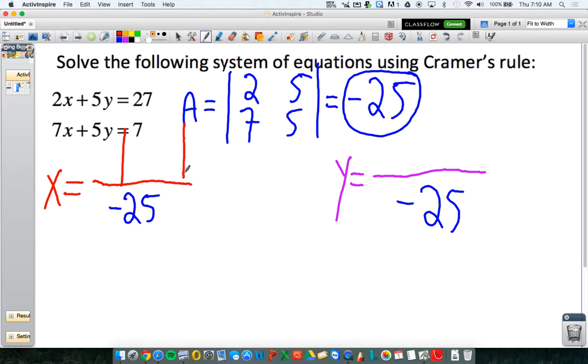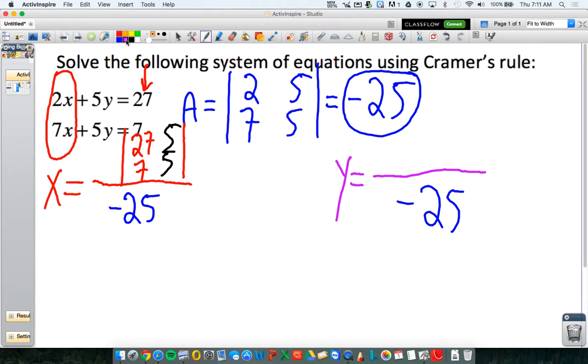What I mean by that is, if you look at your system here, your first column was your x's. So in your matrix for your numerator for x, don't put in 2 and 7 into your first column. Put in 27 and 7. Those are your constants. Those are what you're replacing it with. And then simply write in your y column, 5 and 5.